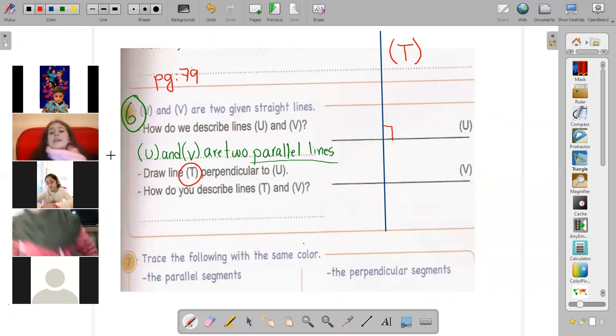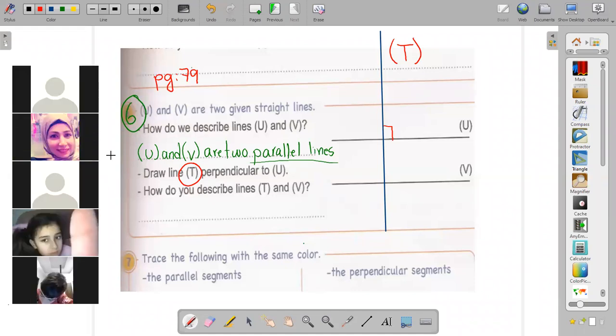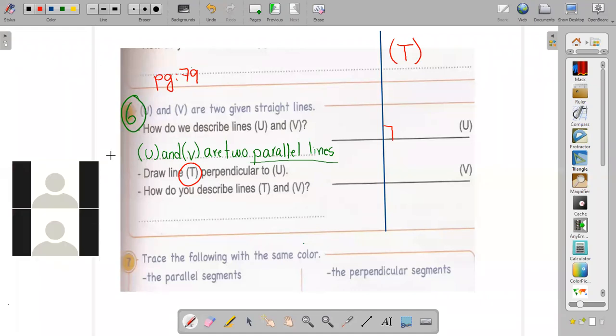Right, now Murad Hurani. Murad? Yes, teacher. How do you describe the two lines T and V? T and V are perpendicular. Excellent. Why are they perpendicular? Look, this is the line T. If we extend line T down, it is also perpendicular.